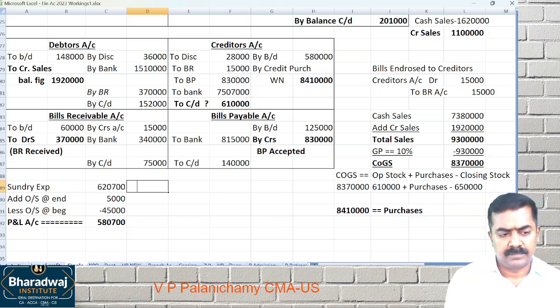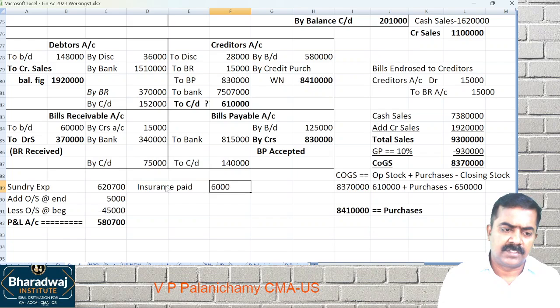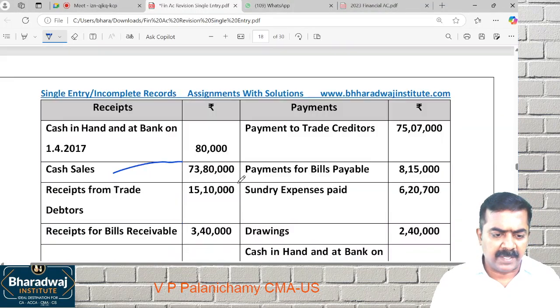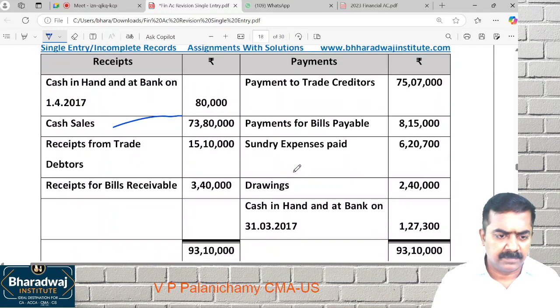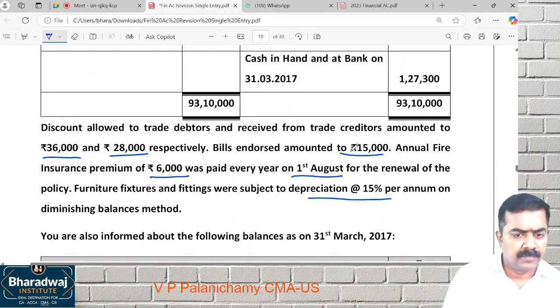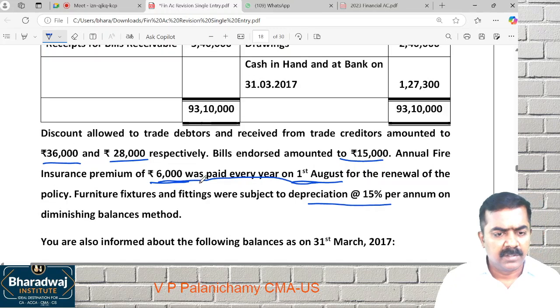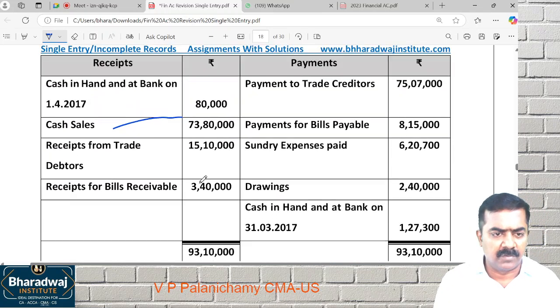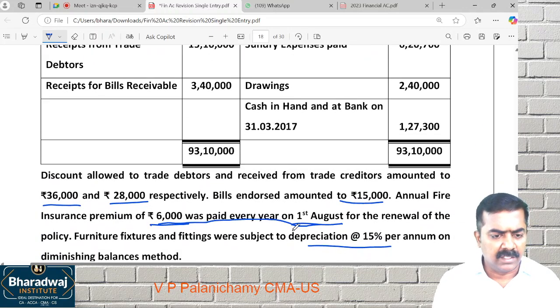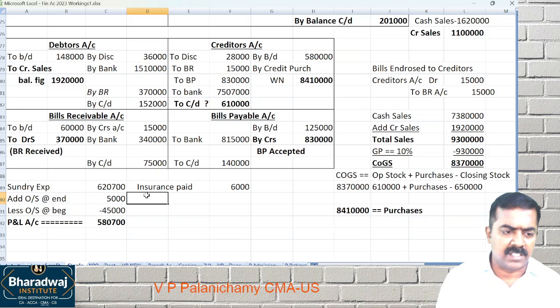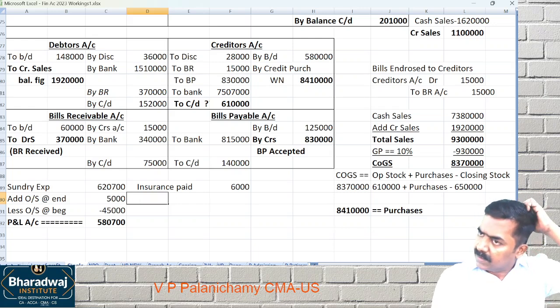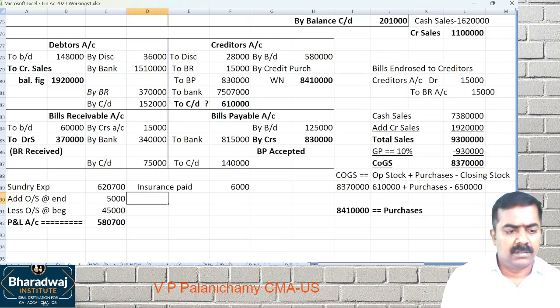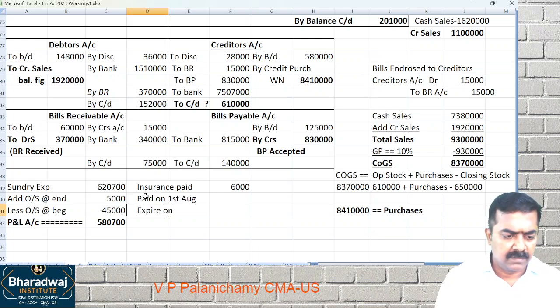Then insurance paid. How much have we paid? 6,000, given in the adjustments. Insurance 6,000 is paid on 1st August for renewal of the policy. If paid on 1st August, when will the insurance expire? It will expire on 31st July.